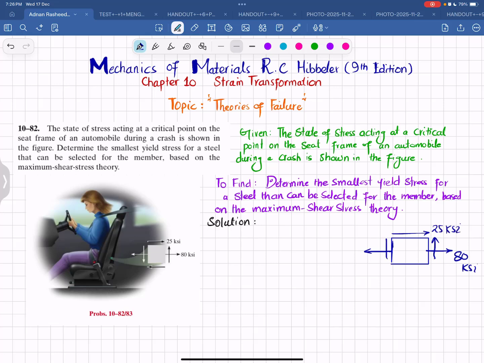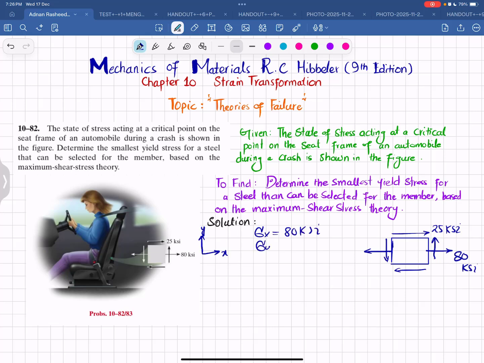Okay, so if I draw this axis as the x-axis and this as the y-axis, you can see this plane is perpendicular to the x-axis, so we will take this as sigma x. So here sigma x is 80 ksi.